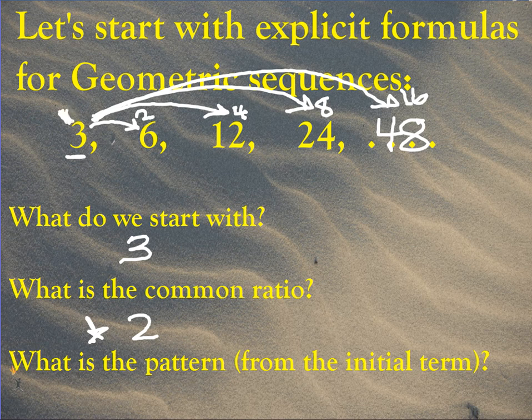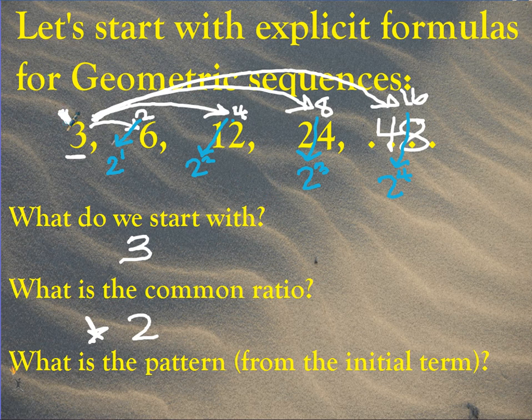Well, these are all not just multiples of 2, these are powers of 2. 2 is the same as 2 to the first power. 4 is equivalent to 2 to the second power. 8 is 2 to the third power. And 16 is 2 to the fourth power.